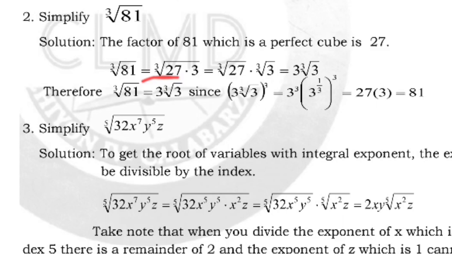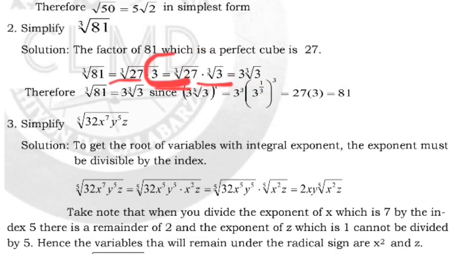Then cube root of 27 times 3 is equivalent to cube root of 27 times cube root of 3. Cube root of 27 is equivalent to 3 since 3 cubed is 27. So our answer shall be 3 times the cube root of 3. Therefore, cube root of 81 is equal to 3 times the cube root of 3.